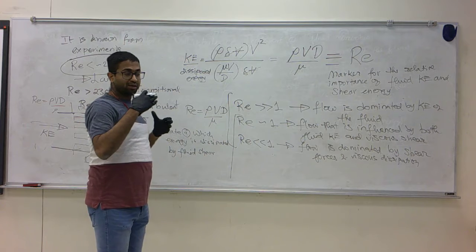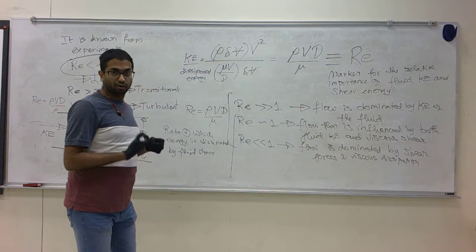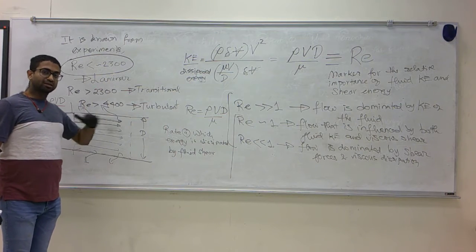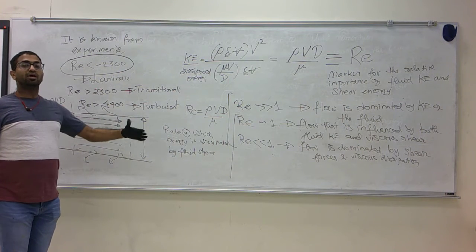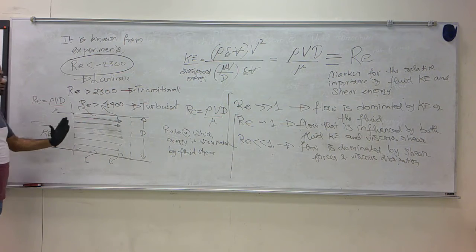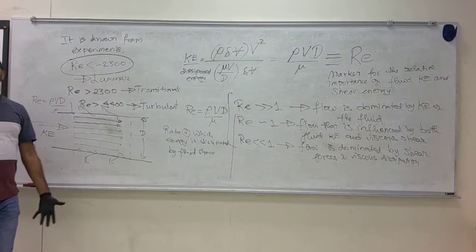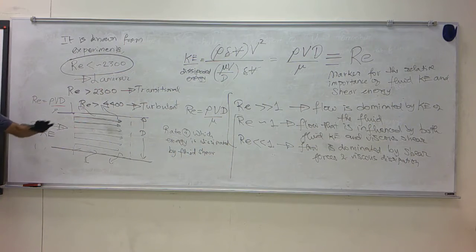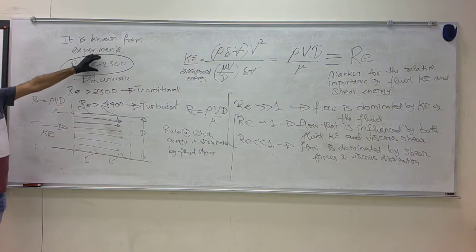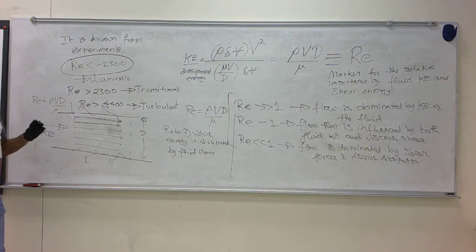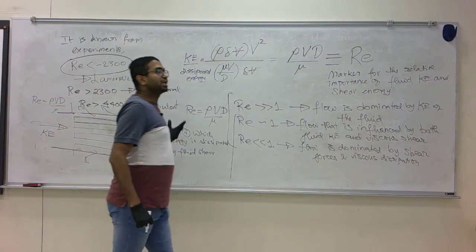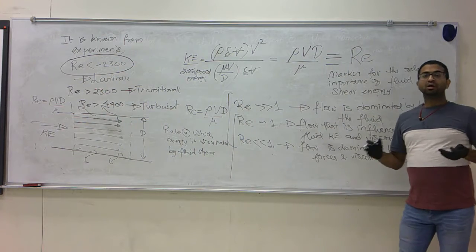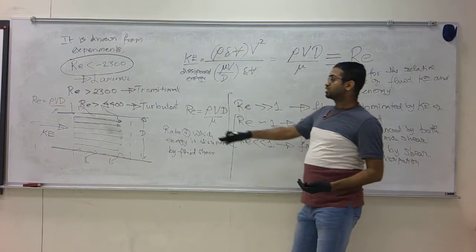The maximum energy removal rate, or power dissipation rate, reaches a certain value. Beyond that value, if you input more energy into the flow, that goes into creating turbulence. So it just turns out that 2300 is about the threshold for the amount of kinetic energy that the fluid can transmit through itself while balancing viscous dissipation.